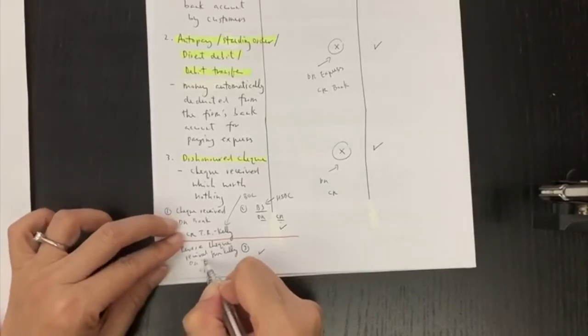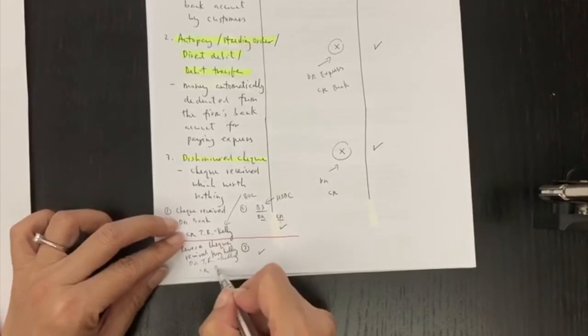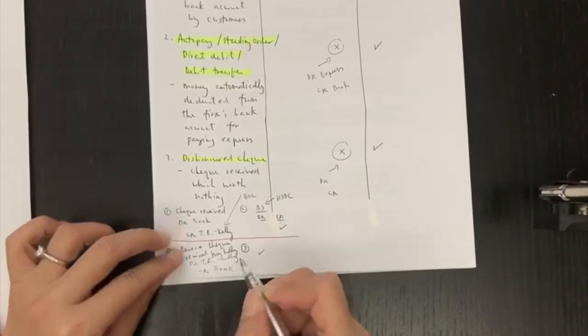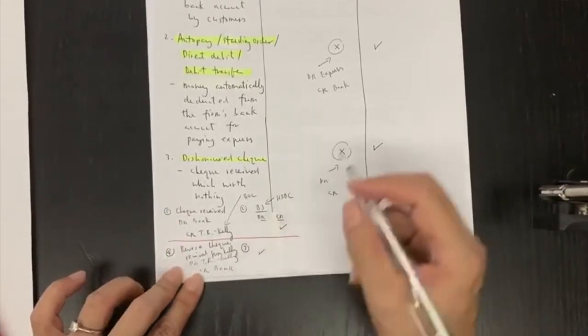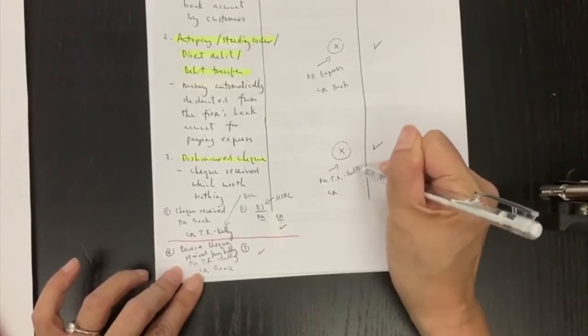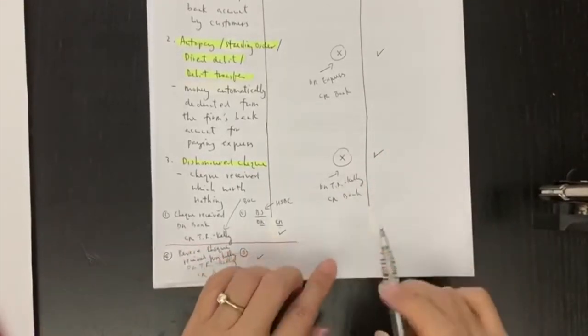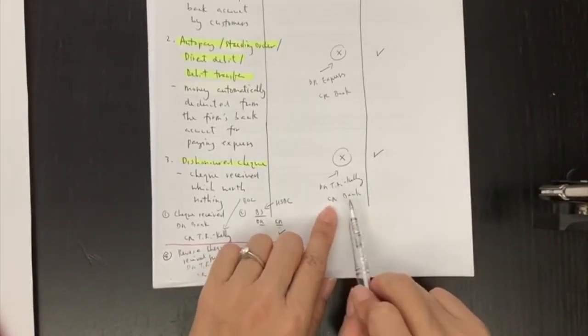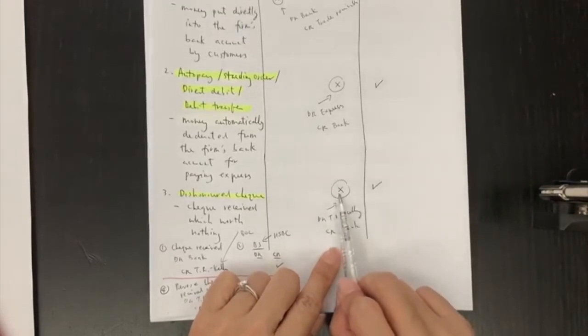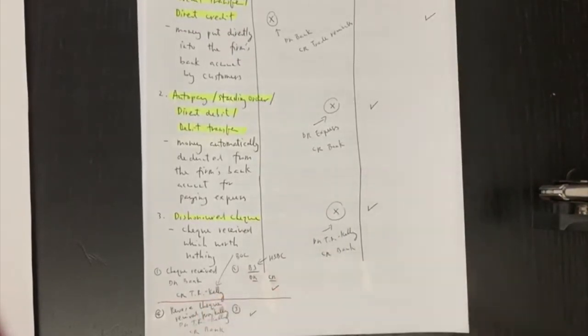So debit trade receivable Kelly and credit bank. So here will be exactly step number 4. So debit trade receivable Kelly and credit bank. So this will be the adjustment later, because it is not yet done in the cash book.